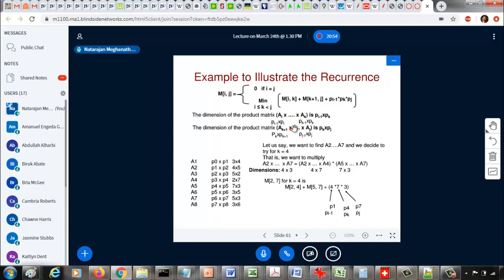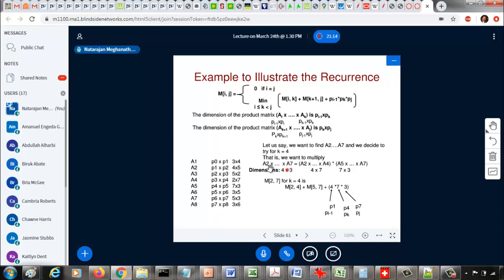Then to multiply these two product matrices, which are of dimensions p(i-1) by pk and pk by pj, the number of multiplications we do is p(i-1) times the common dimension pk times pj. So this is to multiply the product matrices.